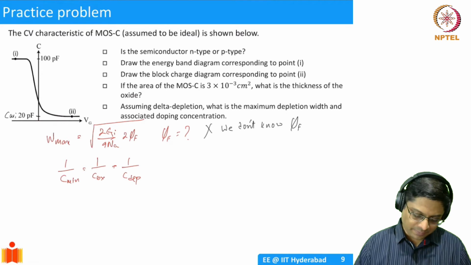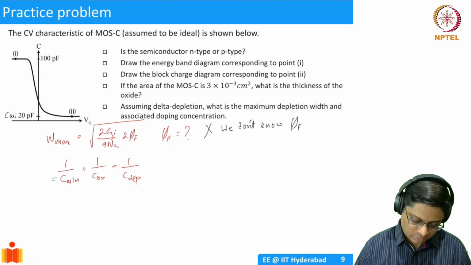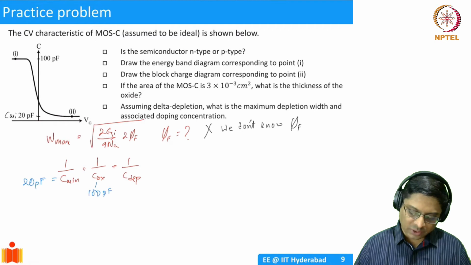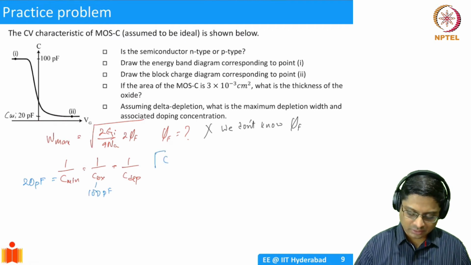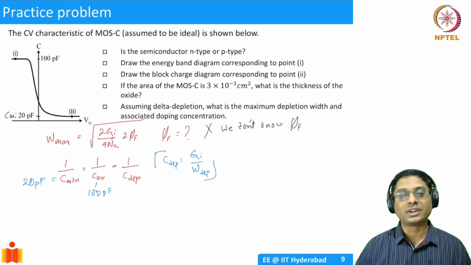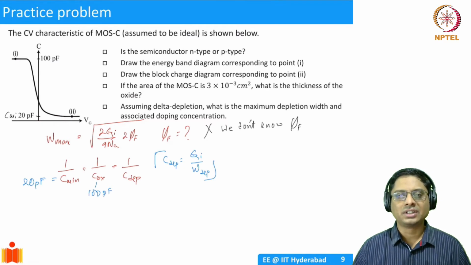So we know what is C min. This is equal to 20 picofarads. We know what is C ox, which is 100 picofarads. So we can find out what is C depletion. Once we know C depletion, we know that C depletion is equal to epsilon silicon by W depletion. We can use that and find the depletion width, right?